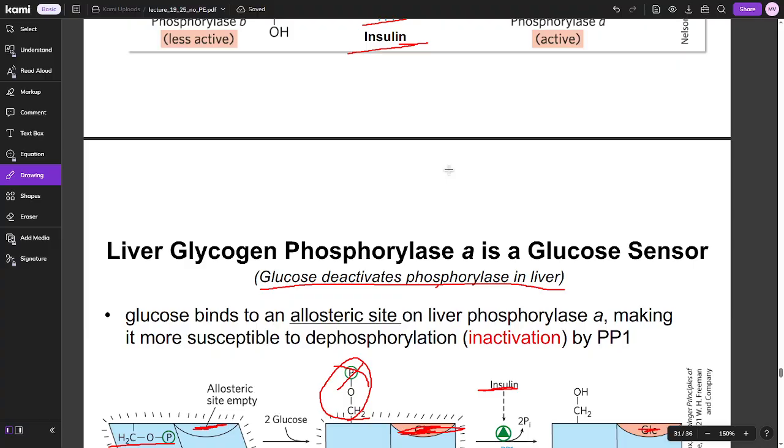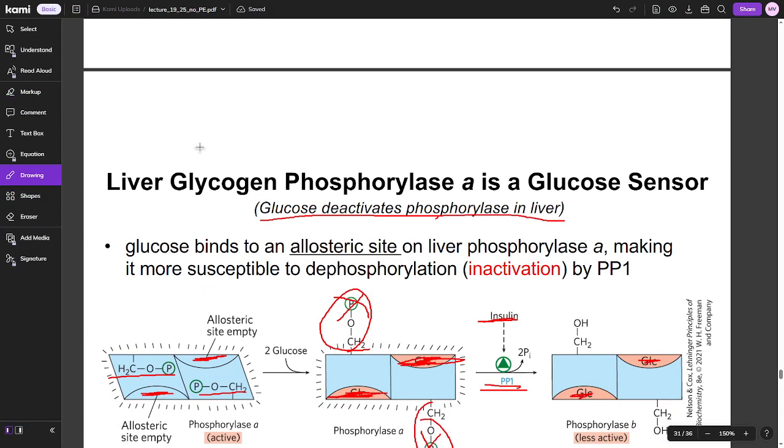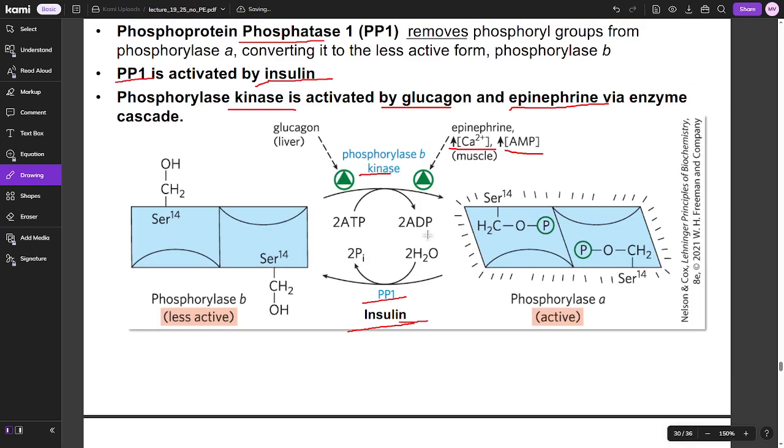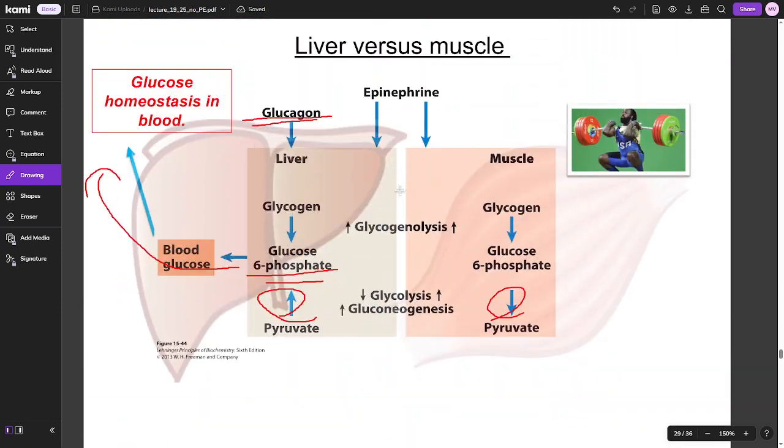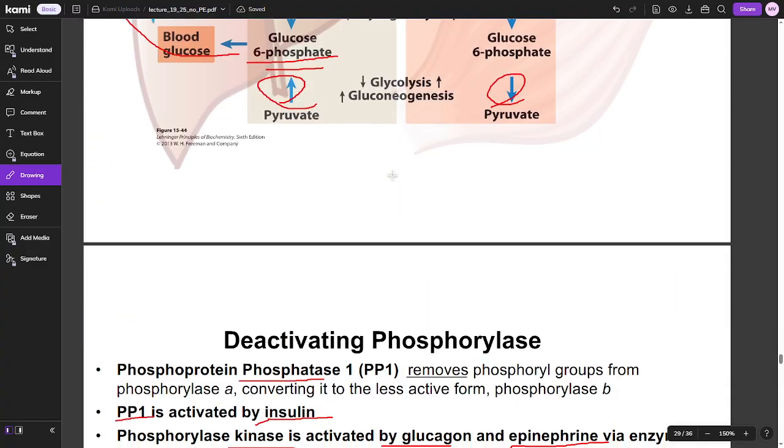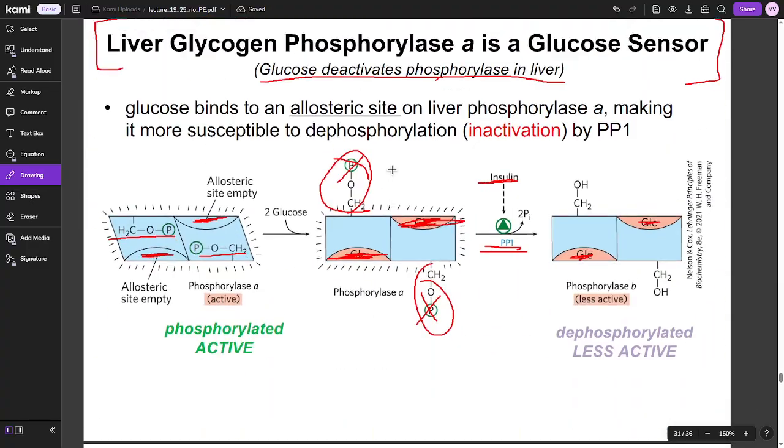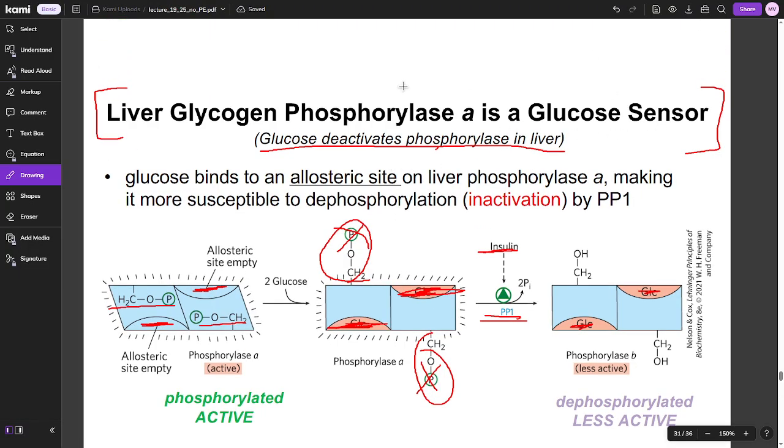But I should specify that when we talk about glycogen phosphorylase specifically, it's the liver that is able to sense this glucose. That's the main thing that's different between the liver and the muscle in terms of glycogen phosphorylase. In the liver, it's sensitive to glucose like this, while in the muscle, it's not really sensitive to glucose in this sense.